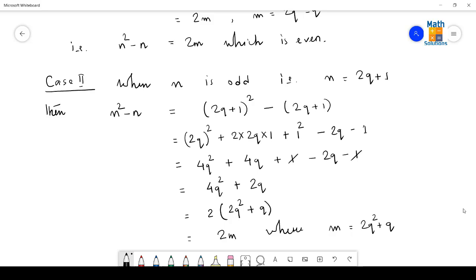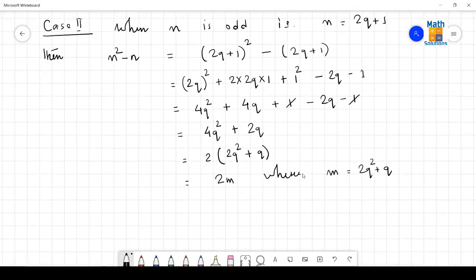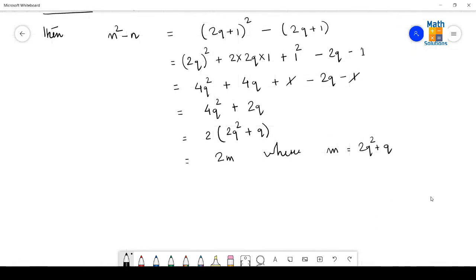So again in this case also it is very clear that n square minus n is expressible as a multiple of 2. So I can write here, that is n square minus n is equal to 2m, which is even.